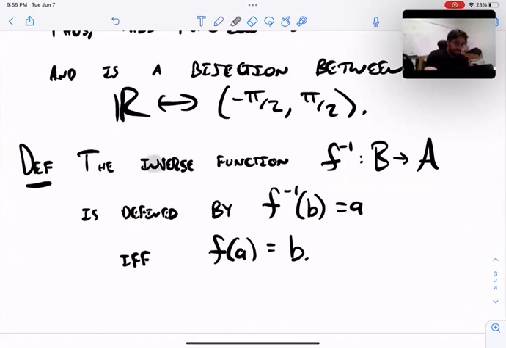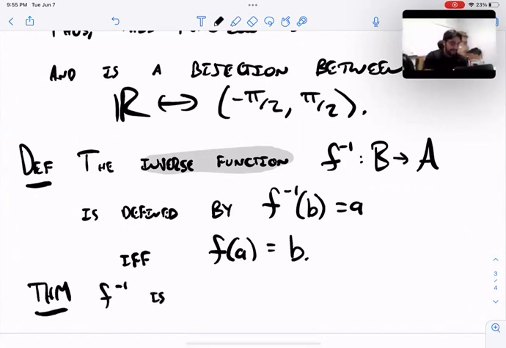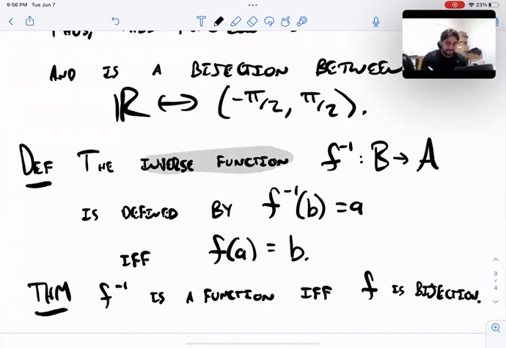So now it's a theorem that the inverse is a function, that this is a valid construction, if and only if f is a bijection. So this is why this idea of being bijective is so important, because you can define an inverse function if and only if your function is a bijection.